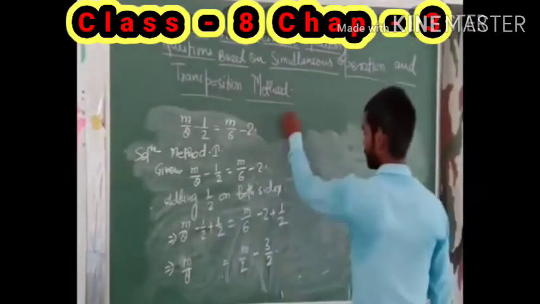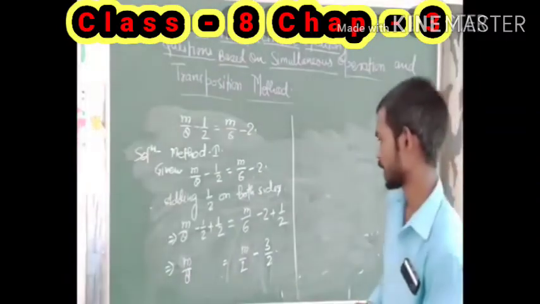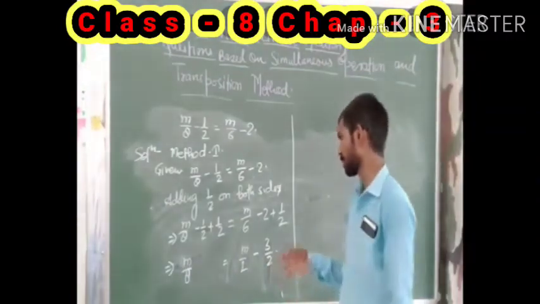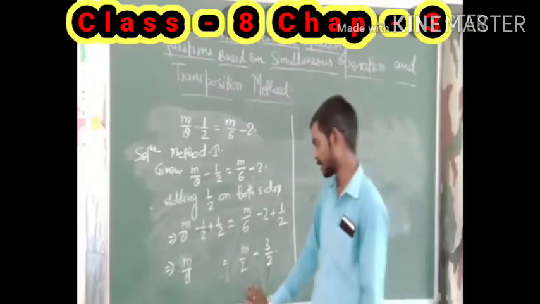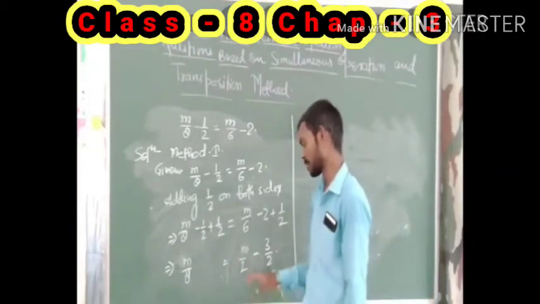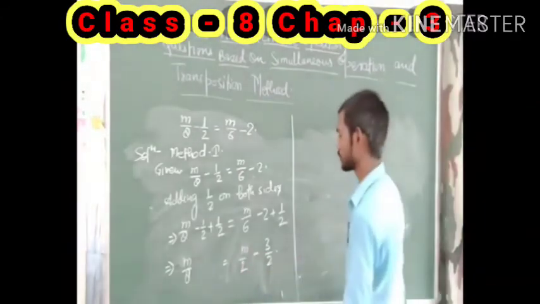Again we see that both sides contain m. So from one side we want to remove the variable quantity, that is from the right hand side. So in order to remove m upon 6, we subtract m upon 6 from both sides.